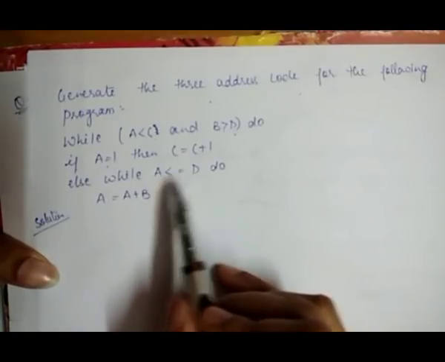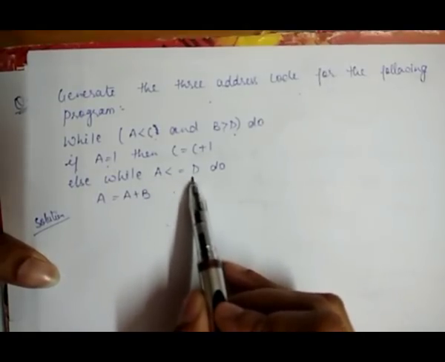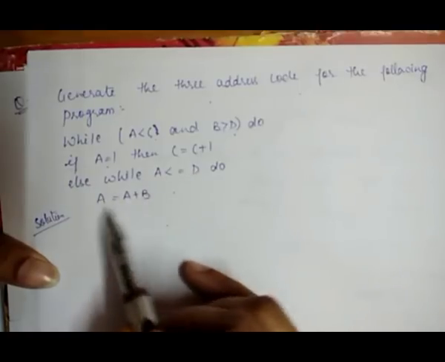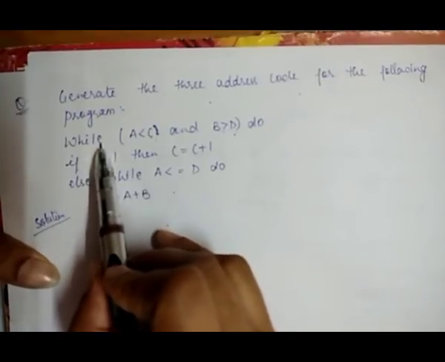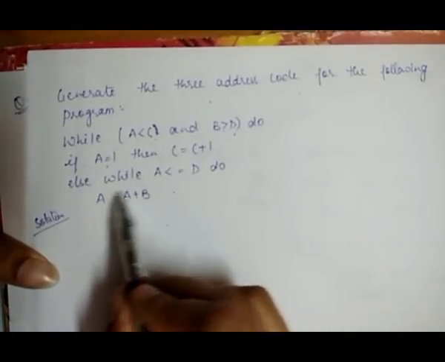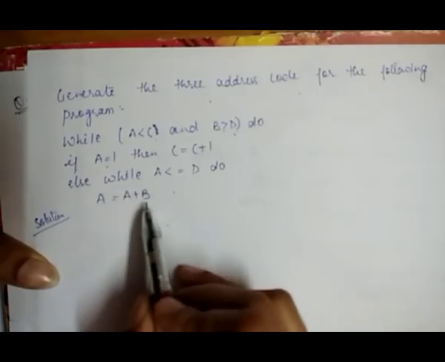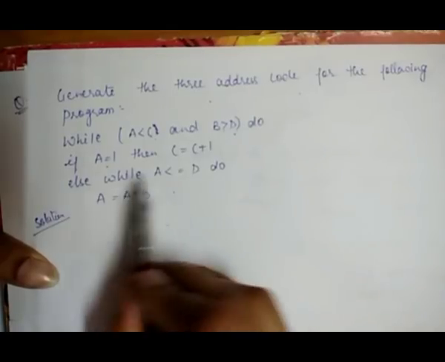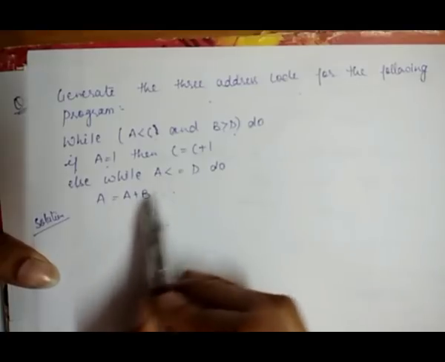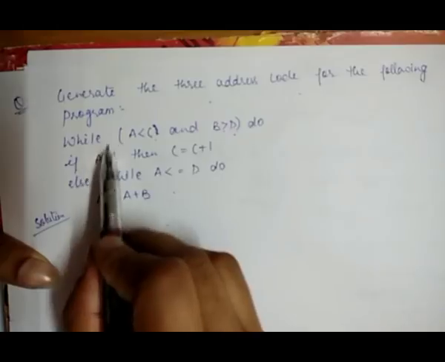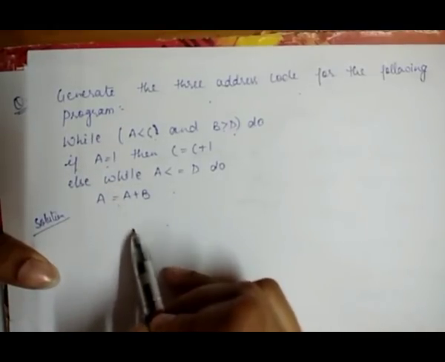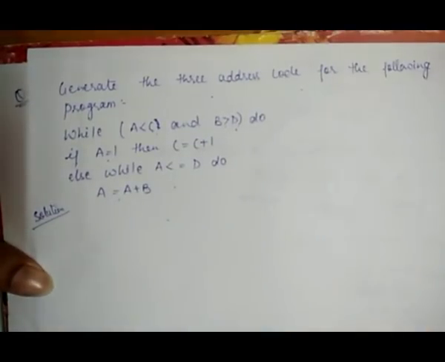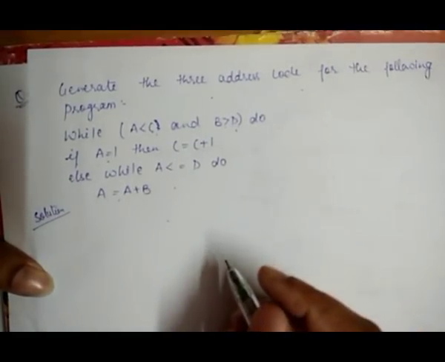If it is true, then it executes this statement, and if it is not true, it moves back to the while condition. After executing this statement, it again checks the while condition, and once the condition becomes false, it executes the statement that comes after this line. According to this, we generate the three address code for this program.